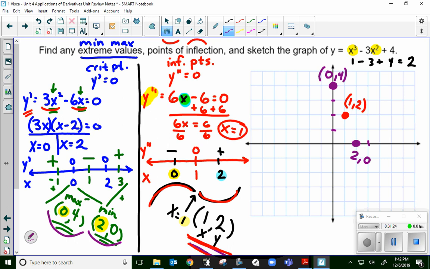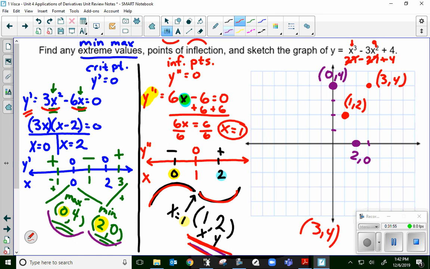If I throw a 3 in for these x's, 3 cubed is 27, minus 3 times 3 squared is 9. 3 times 9 is 27, plus 4. These cancel, it's 4. So I have one more point at 3, 4. So 3, then 1, 2, 3, 4, right here. I'm just getting one more point outside my furthest right and furthest left point.